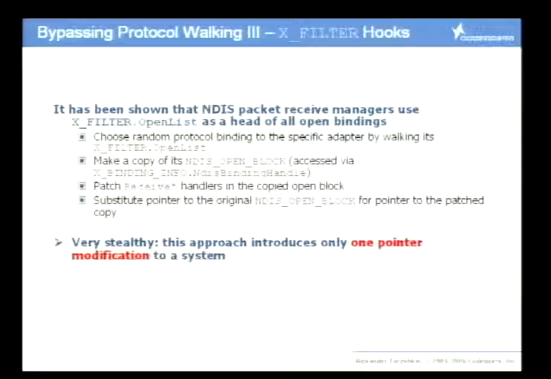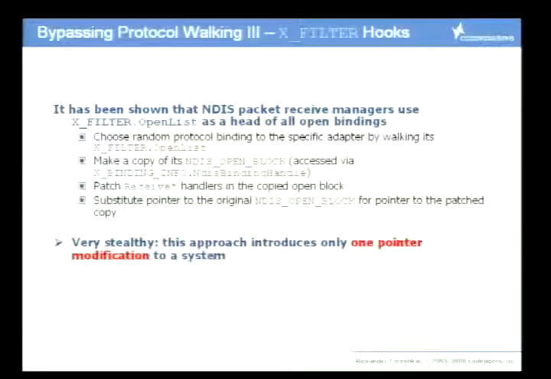The next solution is to patch the X-filter structure. We will find the X-filter list by looking into the NDIS miniport block structure, for example, the Ethernet data link layer.